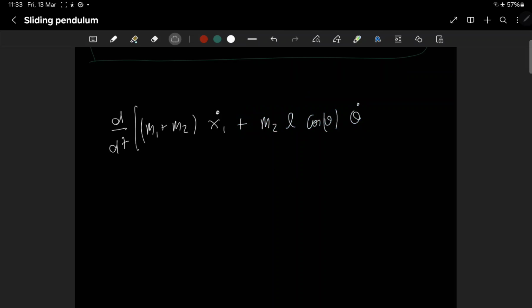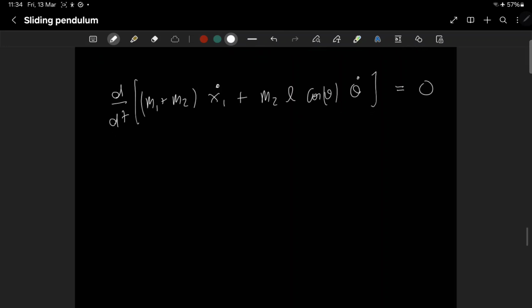Then we take this guy, put it up here, d by dt, and the right hand side of the Euler-Lagrange equation is equal to 0 because there is no dependence of the Lagrangian on x. So now we can calculate the Euler-Lagrange equation.